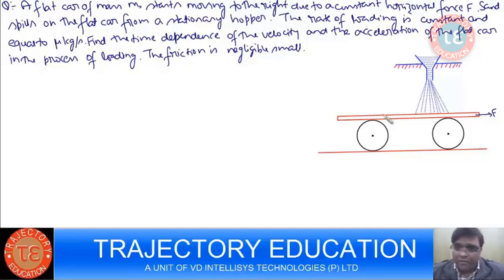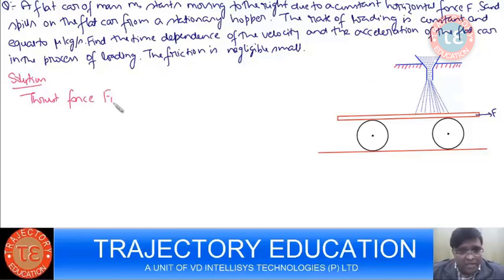Right. First of all, this is one force. Then you have a normal reaction, then mg, but the normal reaction won't be contributing anything to the motion in the horizontal direction. So this force will be contributing to the horizontal motion, and we must find out the thrust force acting on the flat car.